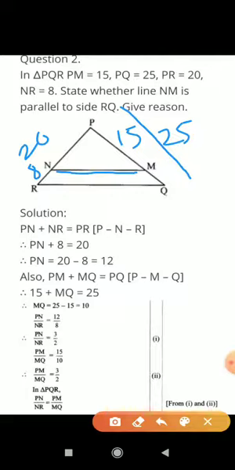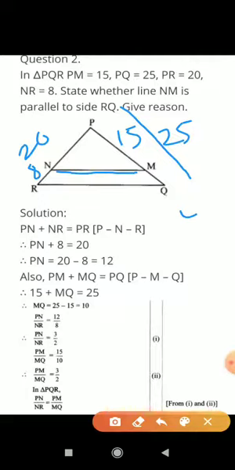Okay, now this is based on the basic proportionality theorem. Now here we have to find whether line NM is parallel to side RQ. So this is the converse of the basic proportionality theorem, because in the basic proportionality theorem initially we are given that a line is parallel to a side of the triangle.